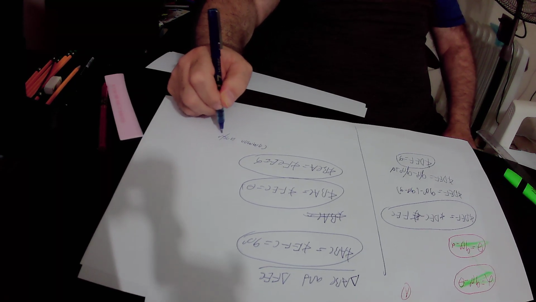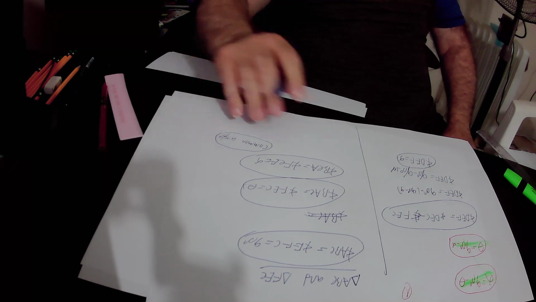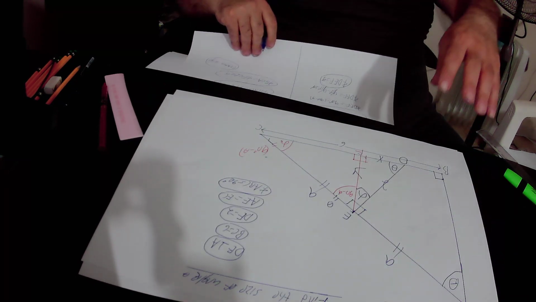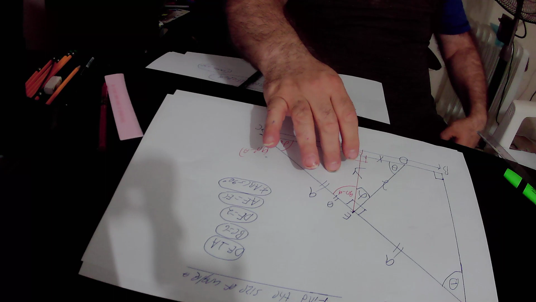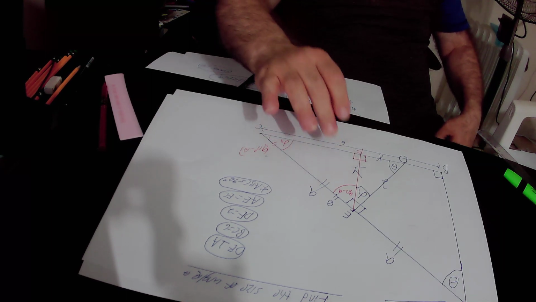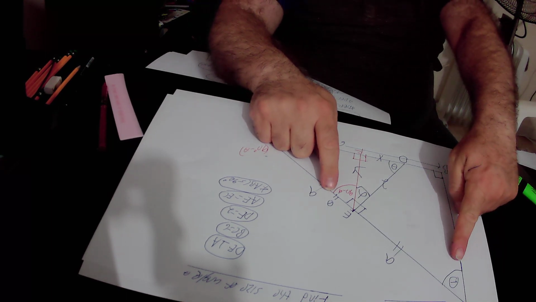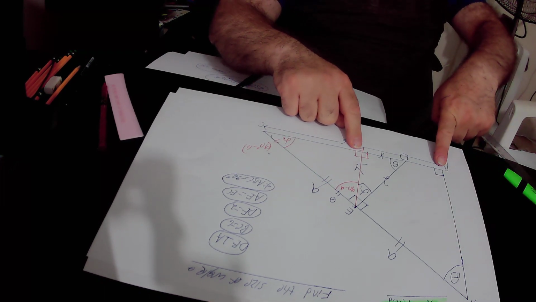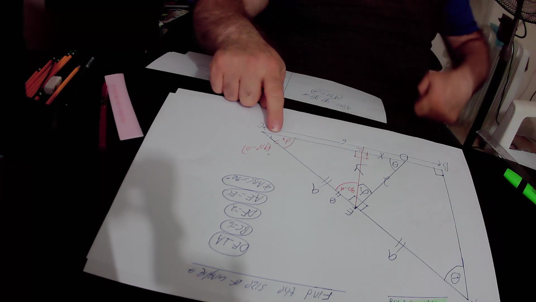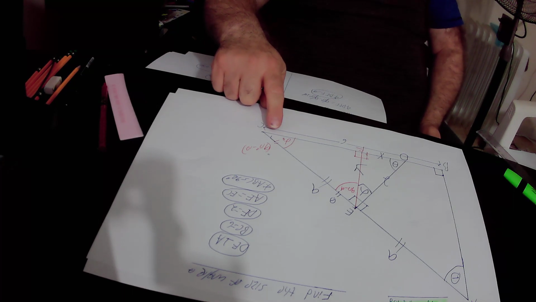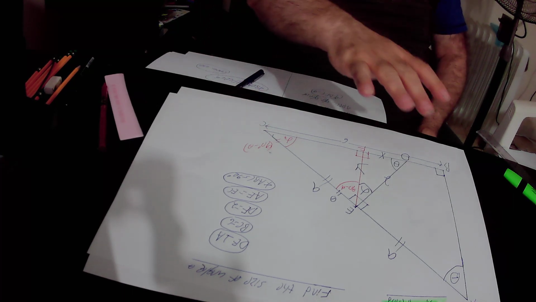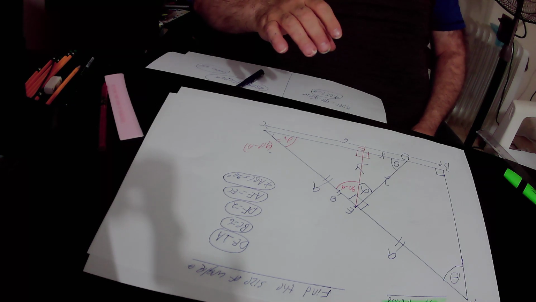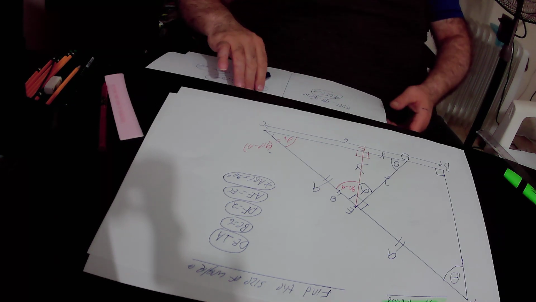So I'll repeat again. We actually proved that all three angles in the right triangle ABC are equal to all three angles in this small right triangle EFC. Why? Because those two angles are both equal to theta, those two angles are both equal to 90 degrees, and this angle is a common angle that belongs to both triangles. So all the angles of triangle ABC correspond to all the angles of triangle FEC.